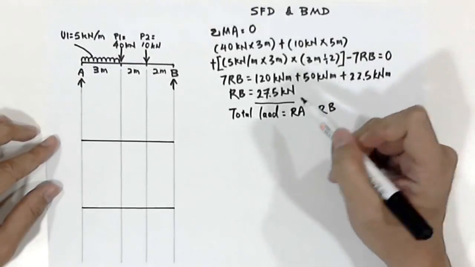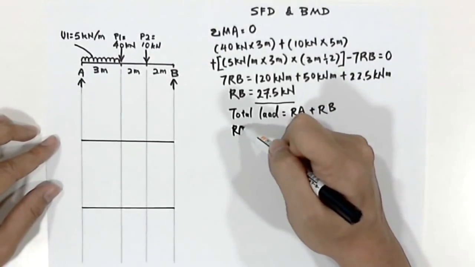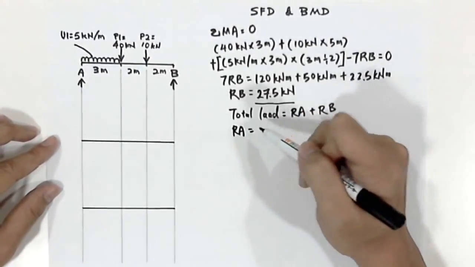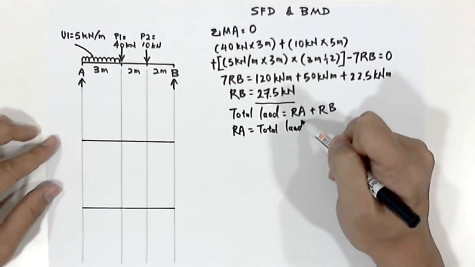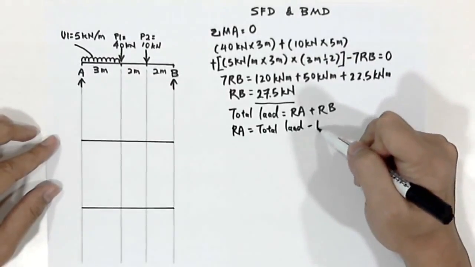From this formula, we can find RA by using the total load to deduct RB.